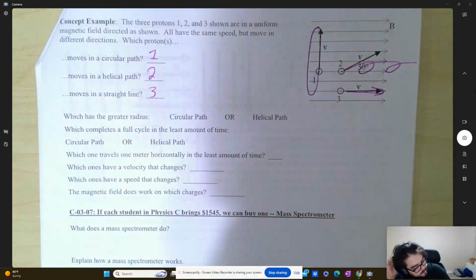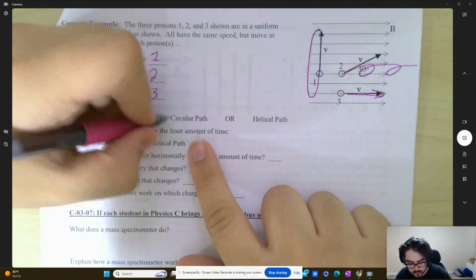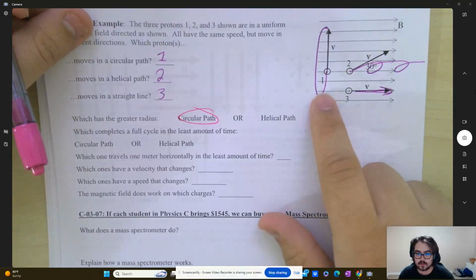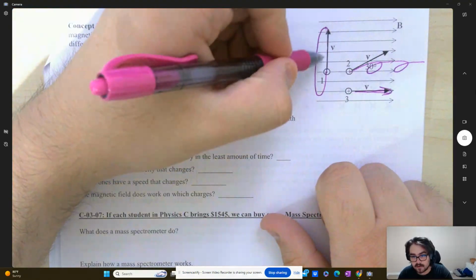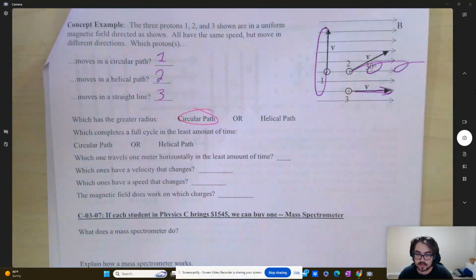The one that has the greatest radius, the circular path or the helical path, would have to be the circular path, even though you shouldn't take my drawings for scale. But it would have to be the circular path because there is more velocity component vertical for it to go in a greater path.